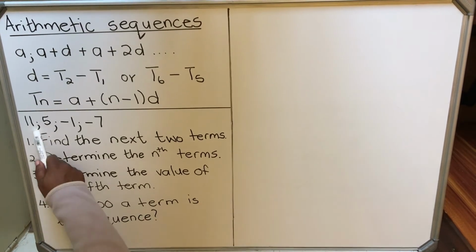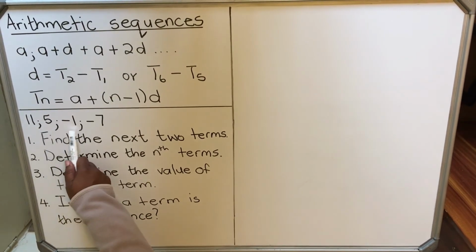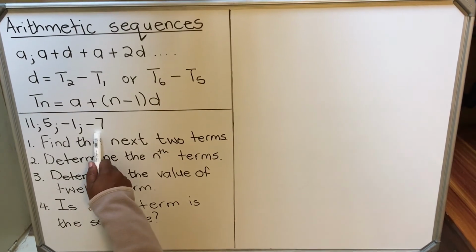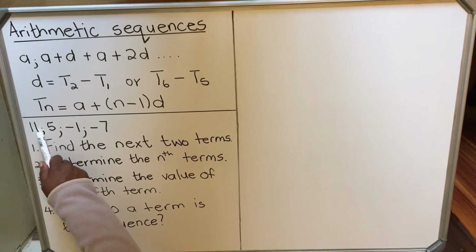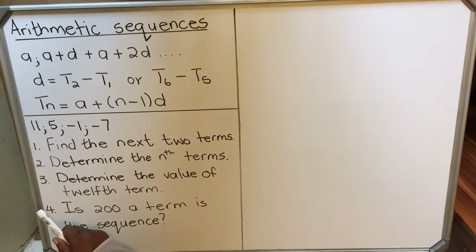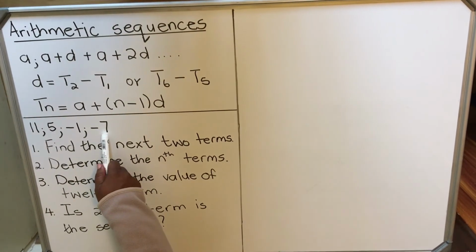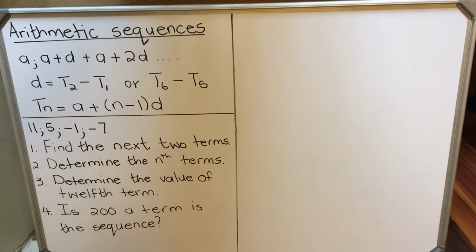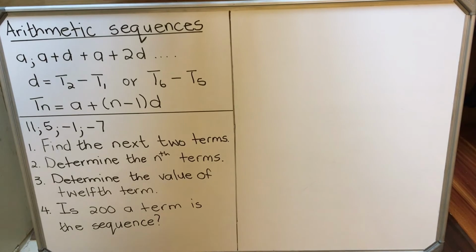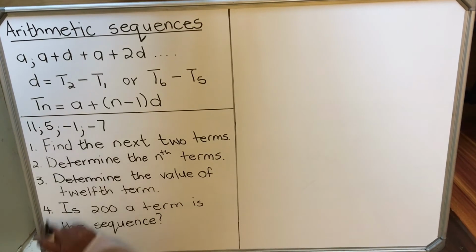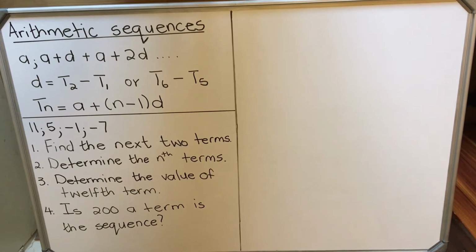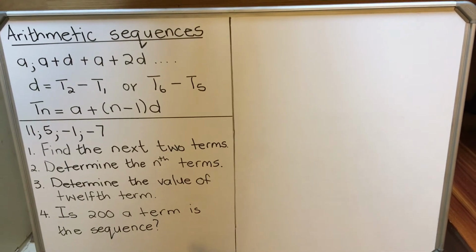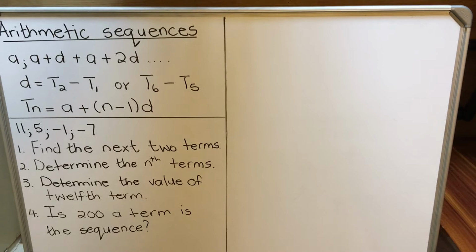When you look at this sequence, minus 7 is in the fourth position, so minus 7 is T4, it's term 4. My n is 4. So n must always be positive because it's a position. You cannot be the negative third one. It's either you're the first one, or the fifth one, or the 10th one. You can't be the half one.